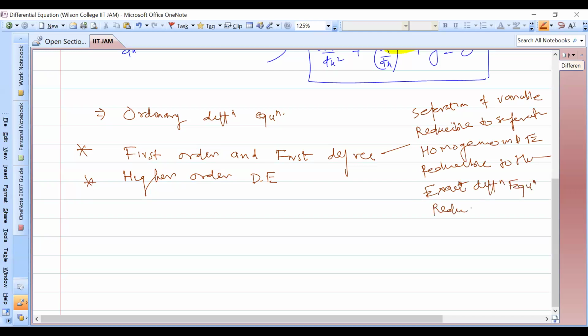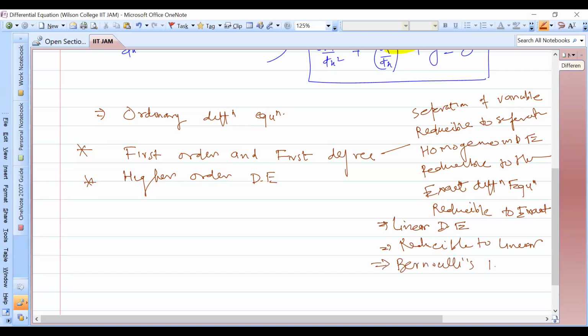and reducible to exact. Have you seen the JAM paper? Linear differential equation, reducible to linear, another is Bernoulli's differential equation.